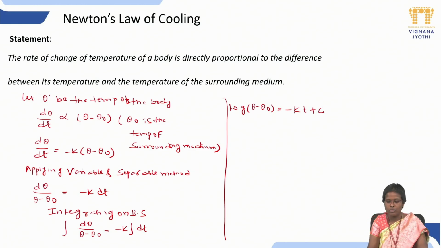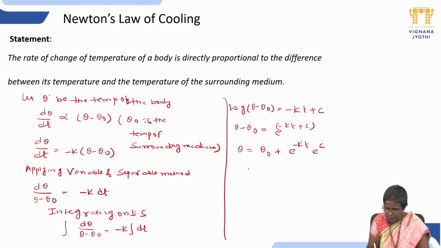Taking the exponential, theta minus theta naught equals e power of (minus kt plus c). So theta equals theta naught plus e power of c into e power of minus kt, and we can write e power of c as c. Theta equals theta naught plus c e power of minus kt. This is Newton's law of cooling.